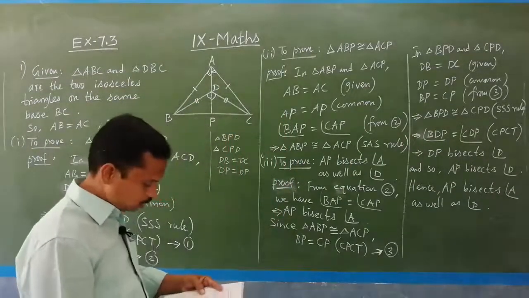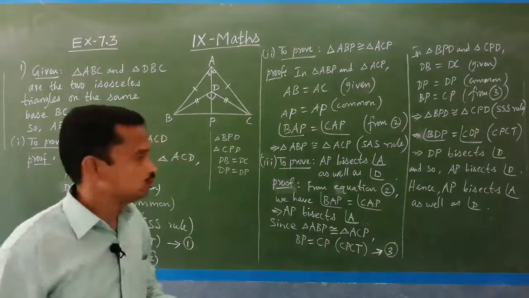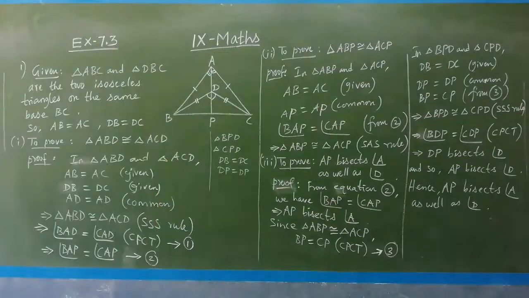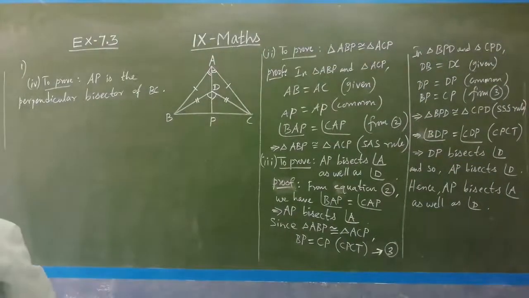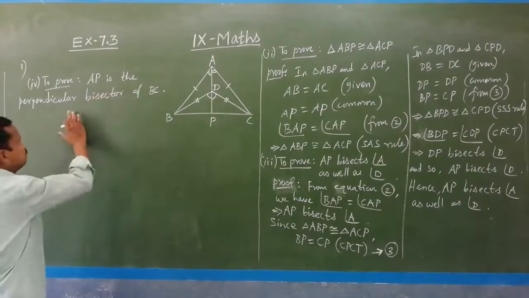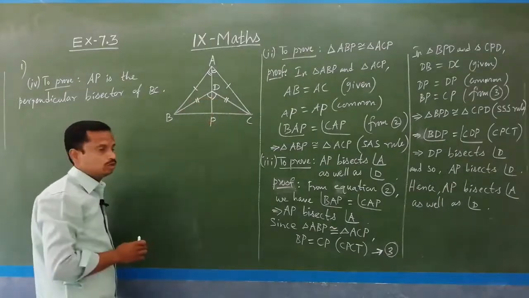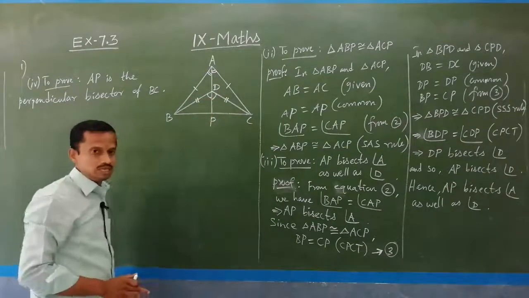Now one more proof is there. The fourth one: AP is the perpendicular bisector of BC. So now, coming to option 4, to prove AP is the perpendicular bisector of the base BC.